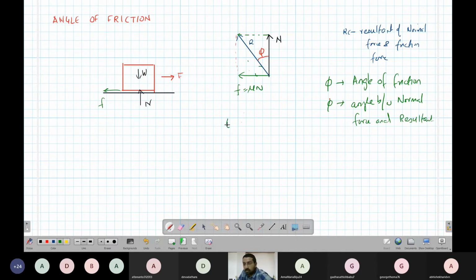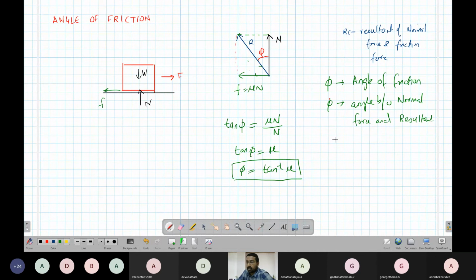So tan phi equals opposite, mu times N, divided by adjacent, that is N. So tan phi equals mu, and phi equals tan inverse of mu. So this is the angle of friction.